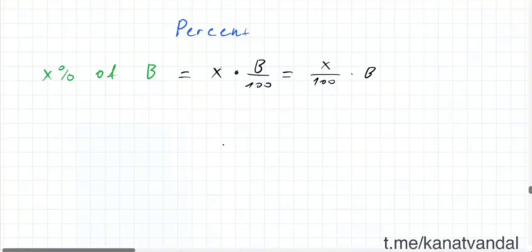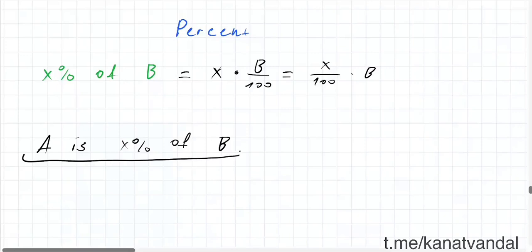And in the future, we'll see phrases of the following form: a is x% of b. And you are expected to always be able to rewrite this phrase in mathematical language, okay?